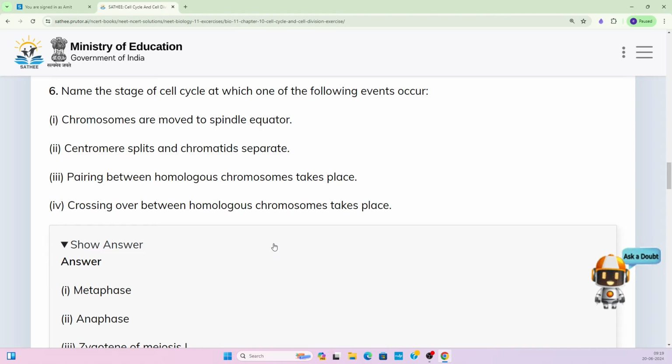The first is chromosomes moved to the spindle equator. The kinetochores of the chromosomes are attached with the spindle fibers, and all the chromosomes are arranged on the equator. This occurs at the metaphase.